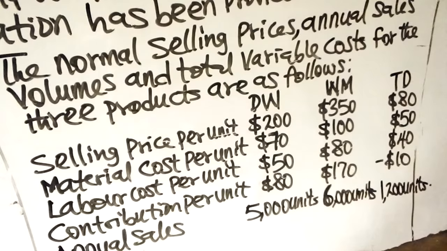The total revenue from TD will be lost, because this revenue will only be earned if you continue till the end of 12 months. But if you cease it now, then $80 per unit revenue will be lost, on the sales of 1,200 you expect from TD.